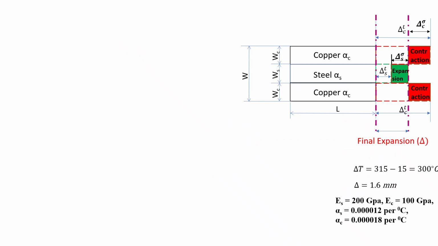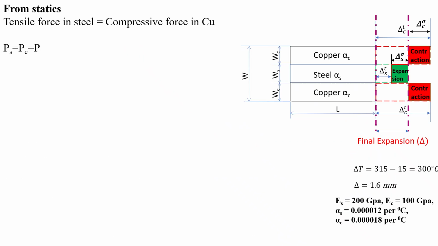Let's solve this problem. So consider this model also similar to the composite bar problems. Here I have to observe from the statics: tensile force in the steel bar equals the compressive force in the copper bar. Let's consider PS is the tensile force in steel and PC is the compressive force in copper.